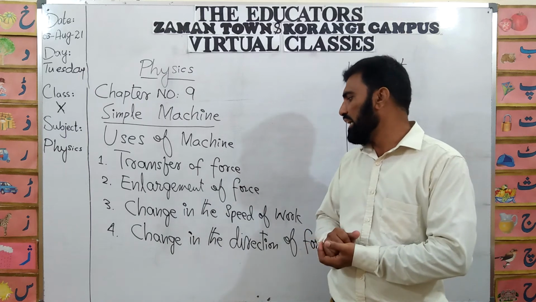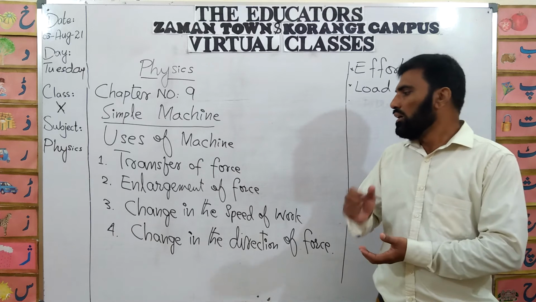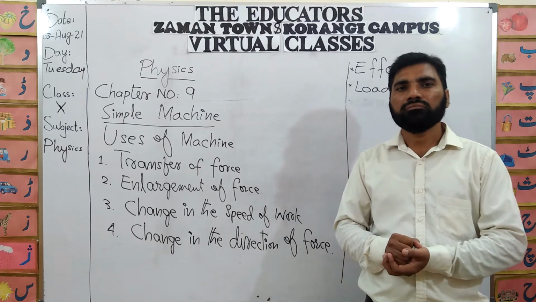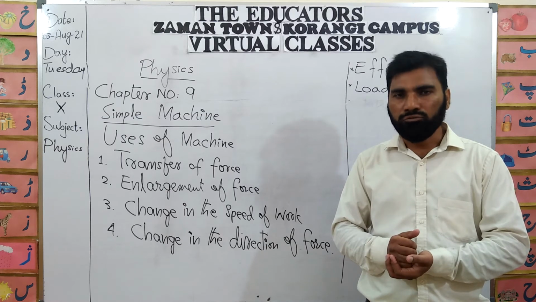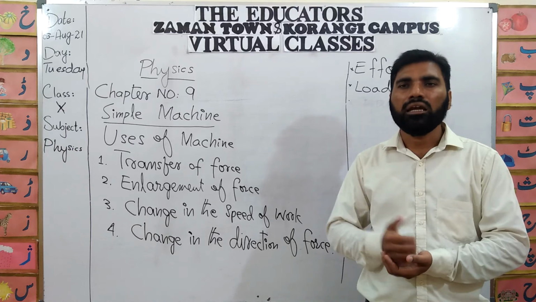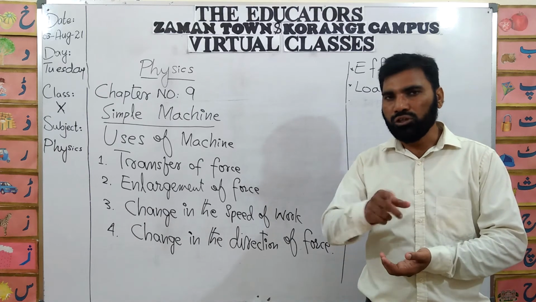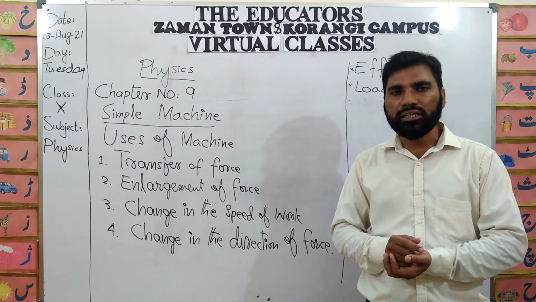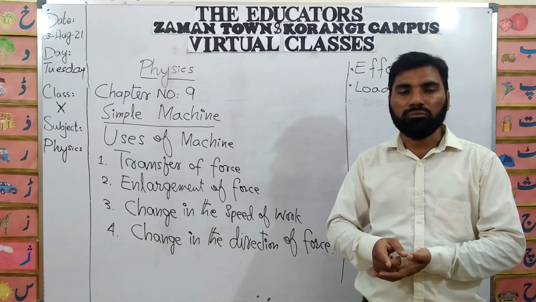Third use is change in the speed of work. For example, you are traveling 5 minutes on foot, and 5 minutes riding a bicycle. As compared to foot, you will travel more distance. Why?